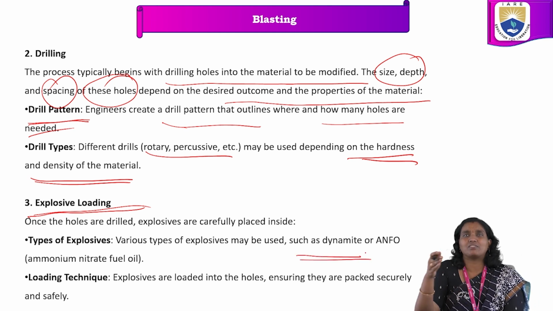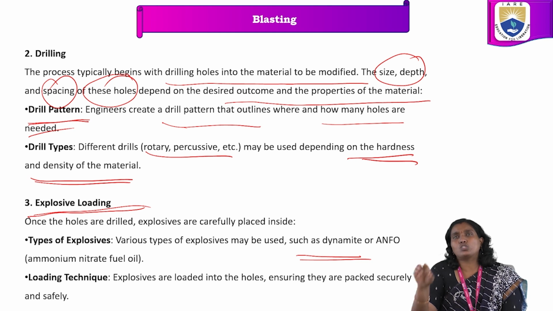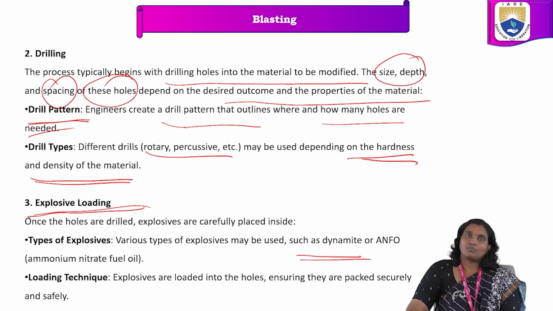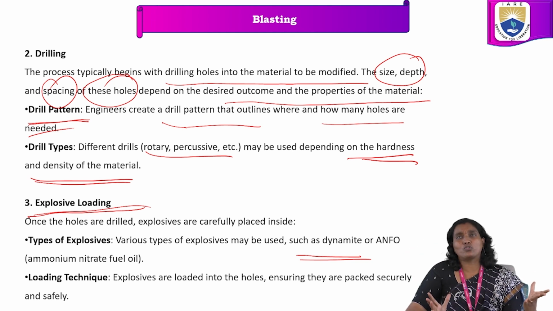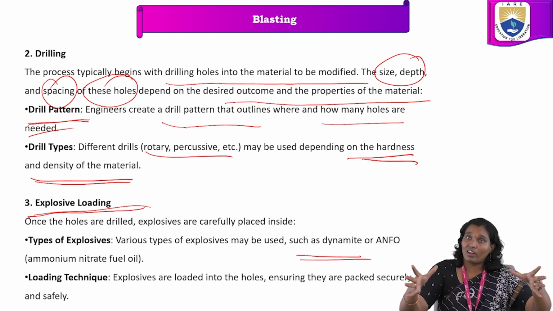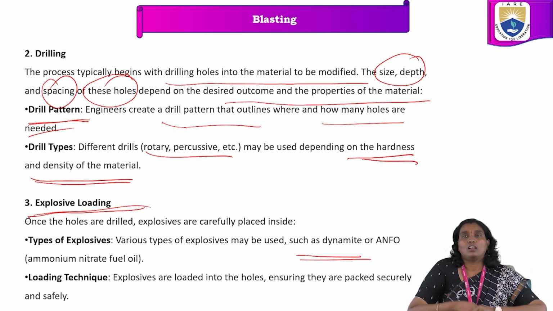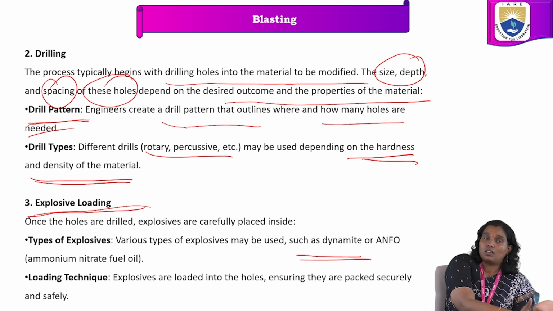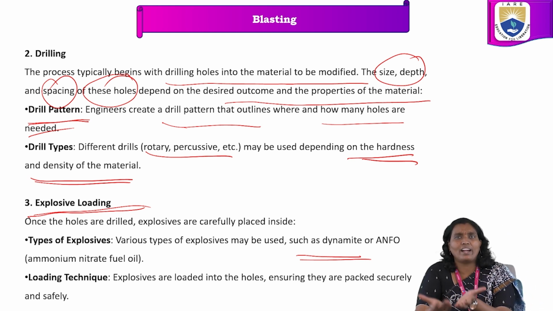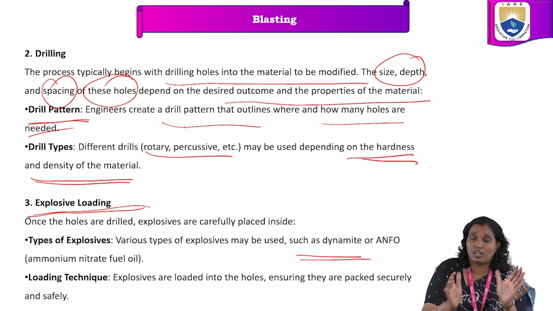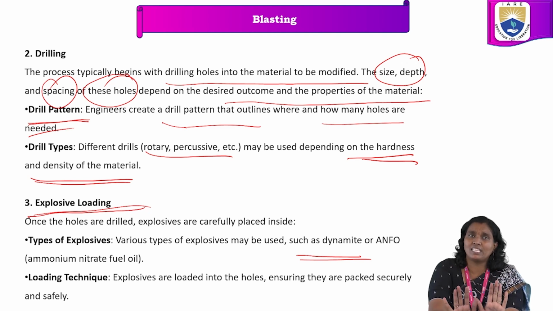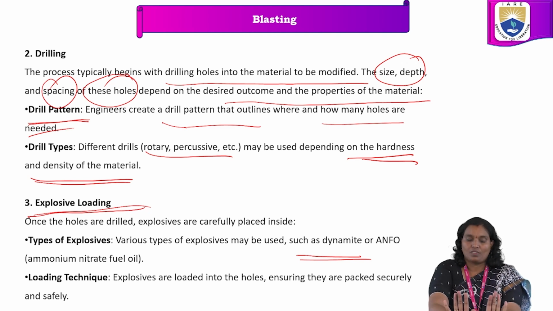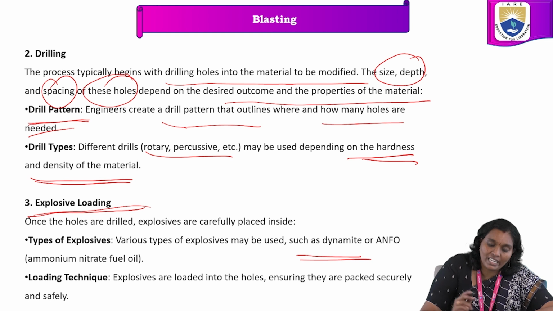Which is suitable, how much explosive is required, how much destruction is required for that locality, and how much the particular explosive gives are also important for choosing the type of explosive. Now moving to the loading technique.